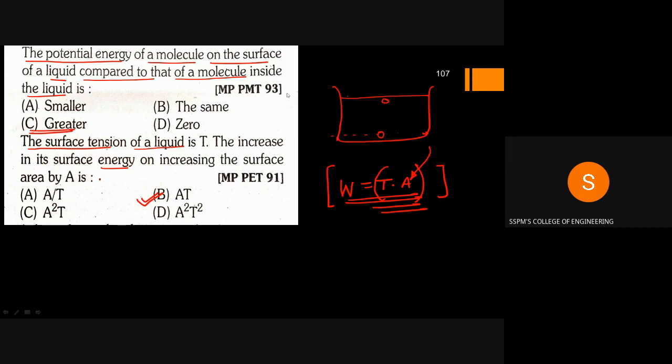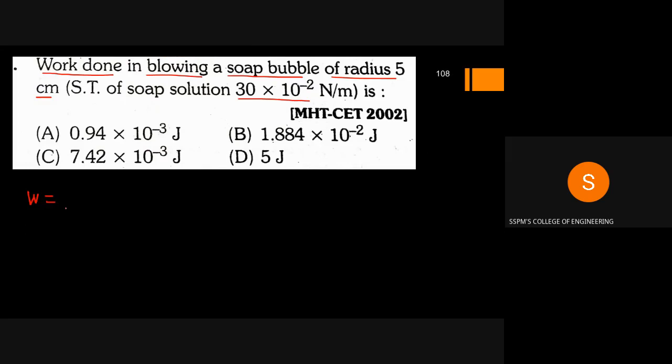So we have to find out the work done. Work done is stored as surface energy when we are blowing the soap bubble, so the work done has the formula T into A.